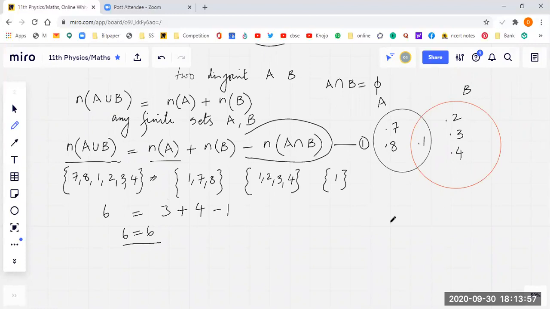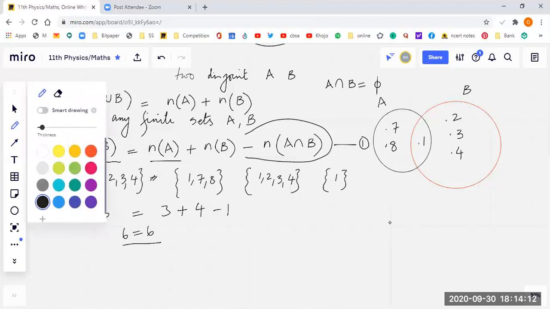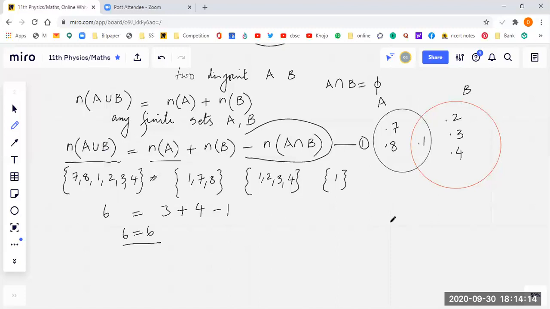Okay. Now, another thing I want to tell you, students, if you look at this figure only, can anyone tell me what is this set? Once again, what is this set?